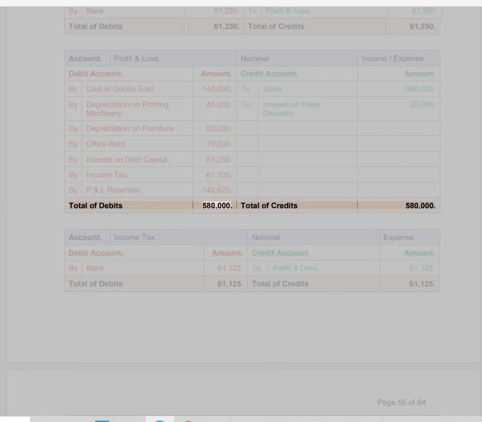Total of debits 580,000. Total of credits 580,000.